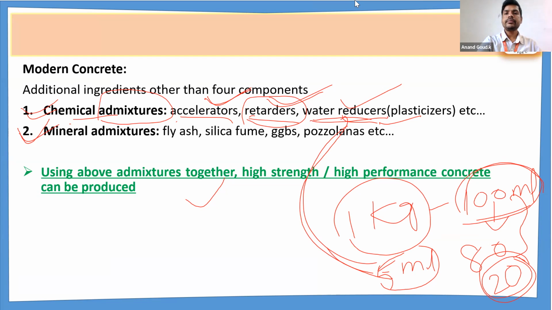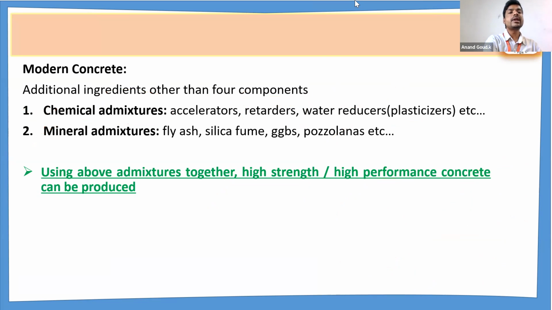Yeah. And the next one, mineral admixture. Mineral admixture is a powder-like material, almost like cement. You know the cement, right? So these mineral admixtures will also be like cement only. You may have heard about the term fly ash, right? Examples of mineral admixtures are fly ash, silica fume, GGBS, and pozzolanas.